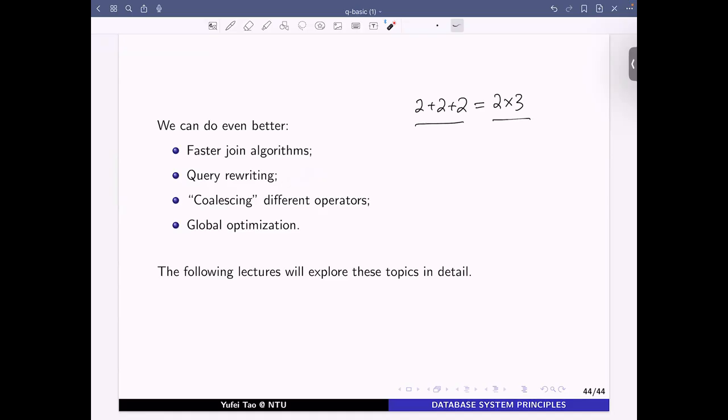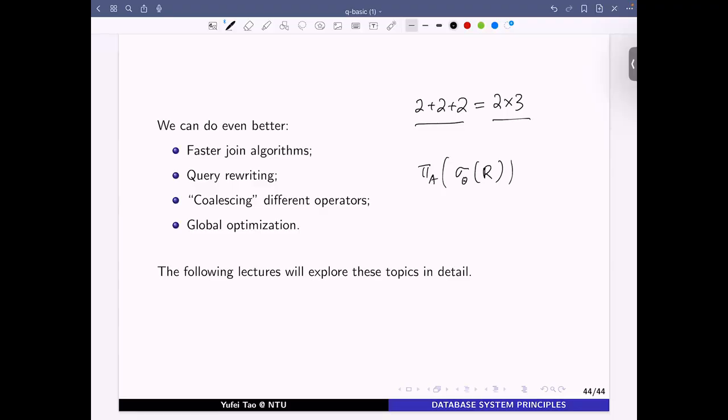Now, another idea which is also interesting is to process multiple operators together. If you think about what happens right now, say you have a relation, and then you perform some selection, and then finally some projection.